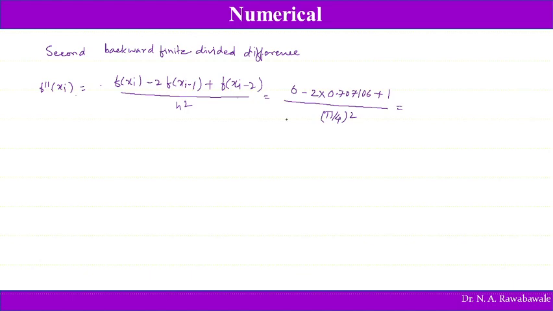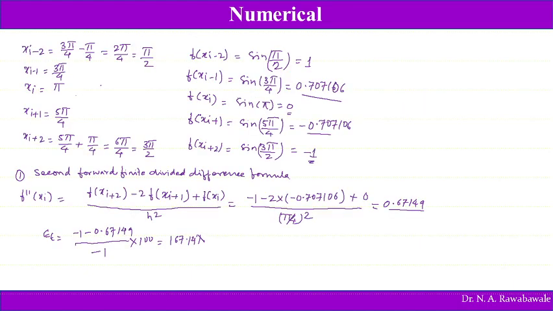Again this is going to be minus 0.67149. Again true error in this case is going to be 167% because answers are going to be same.